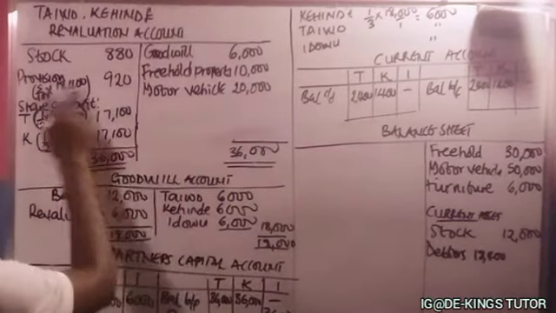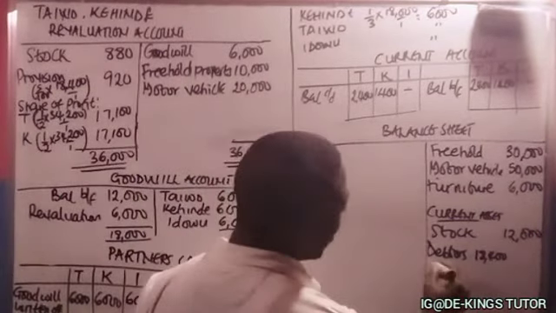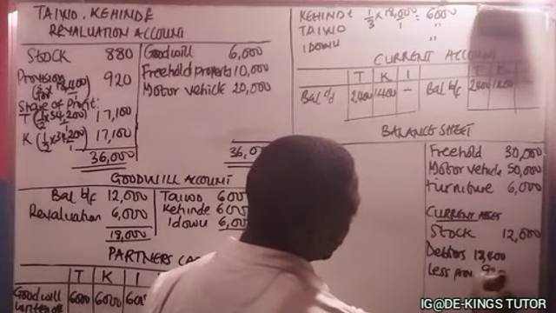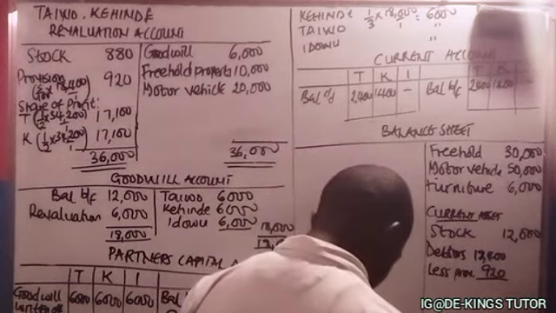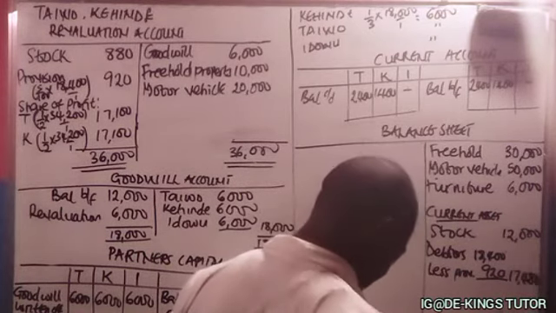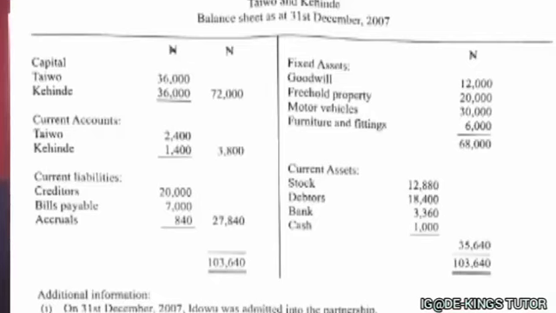Now remember this provision of 920. We have less provision 920. So 18,400 minus 920, using my calculator, will give me 17,480.